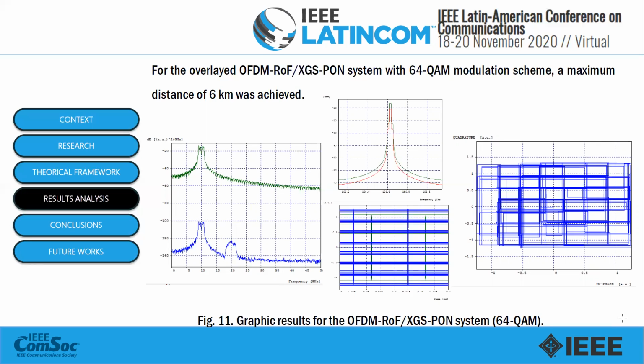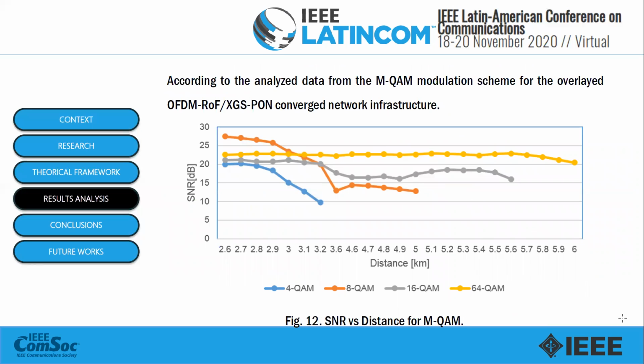So at the end, we have to analyze the behavior for the effect that the M parameter has with the QAM format modulation, in order to compare and to see the effect. So according to the analyzed data from the M-QAM modulation scheme for the overlay OFDM-RoF-XGS-PON system, converged network infrastructure, we have these results. Figure 12 shows the signal to noise ratio versus distance for M-QAM.